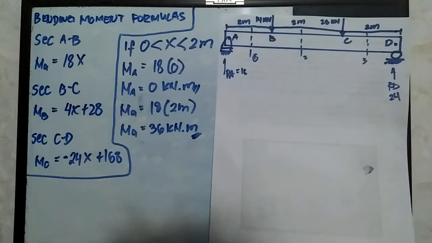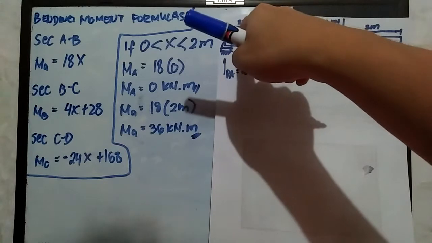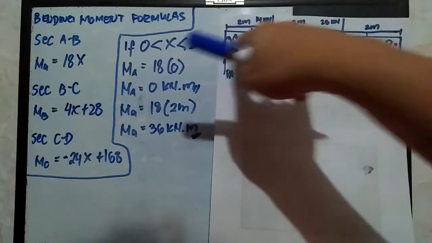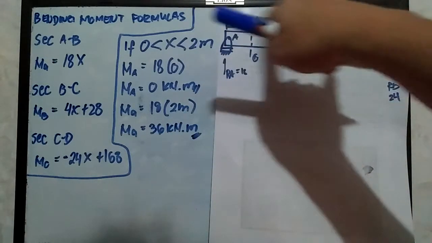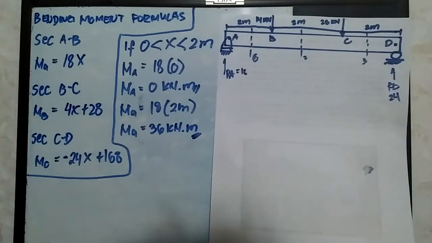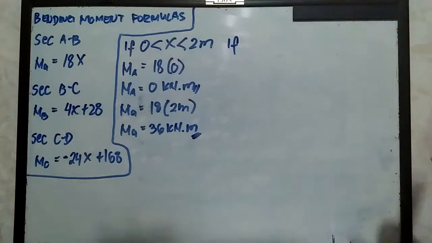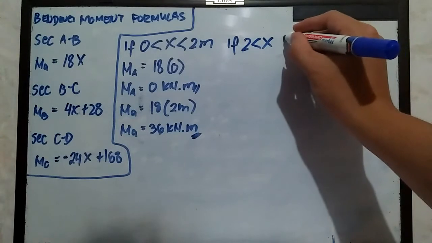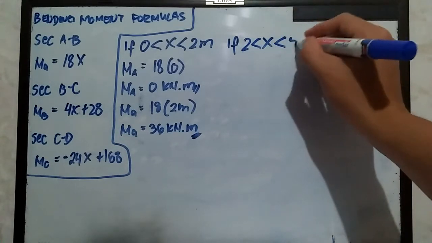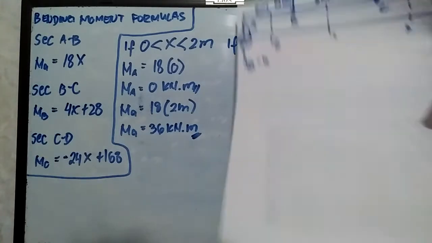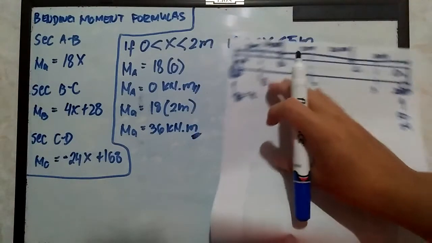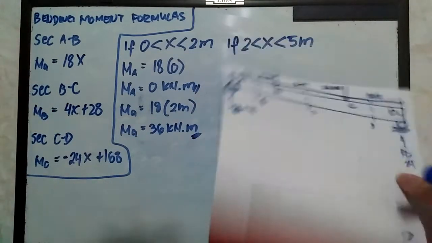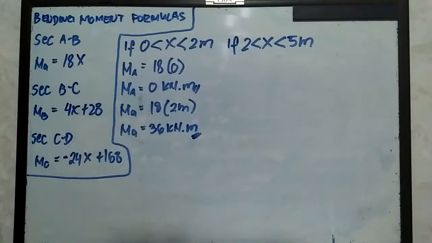It means our limit should be less than 2 meters, because A to B is 2 meters, and the whole length of this structure should be 5, because 3 plus 2 is 5, right? We are setting up the limits, so that's why we use: if x is greater than 2 but less than 5 meters, because we are already at section B-C. We're already done with section A-B.